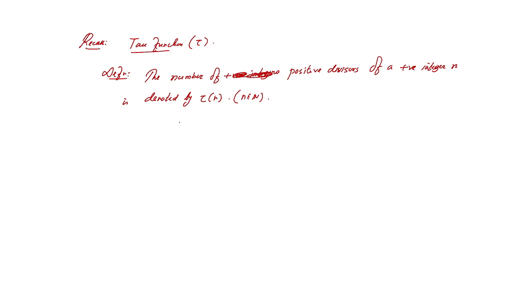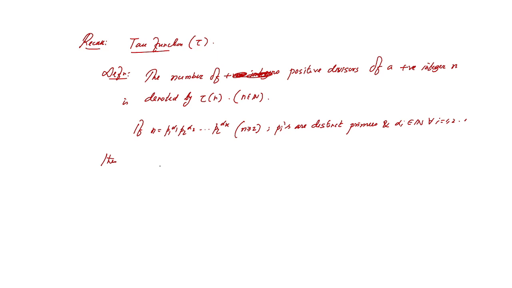So if we define tau n, if n equals p1 to the power alpha 1, p2 to the power alpha 2, up to pk to the power alpha k, where n is greater than or equal to 2, and all pi's are distinct primes, and alpha i are natural numbers for all i equals 1 to k, then tau n will be the number of positive divisors of n.